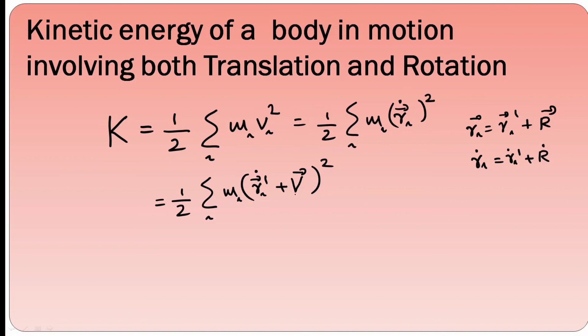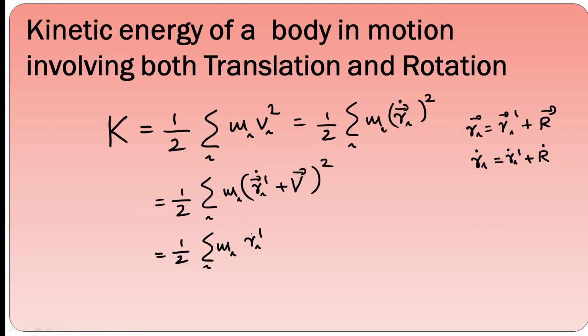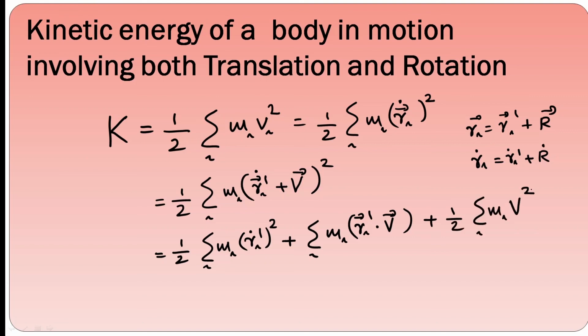Now you can write this as half summation over i of m_i r_i prime dot square, plus summation over i of m_i r_i prime dot times v, plus half summation over i of m_i v square.